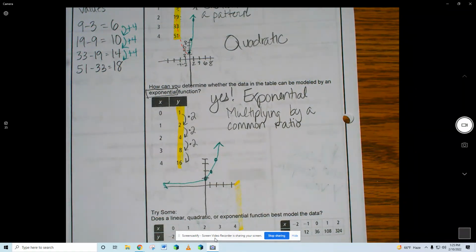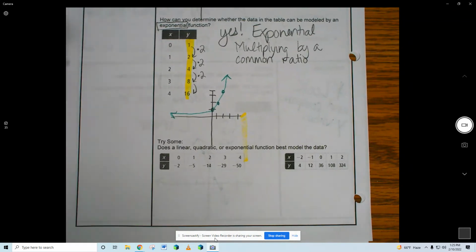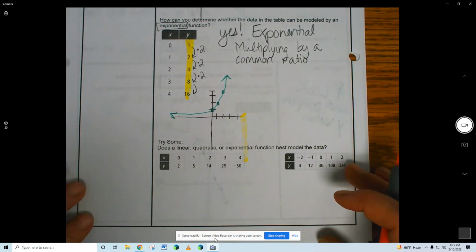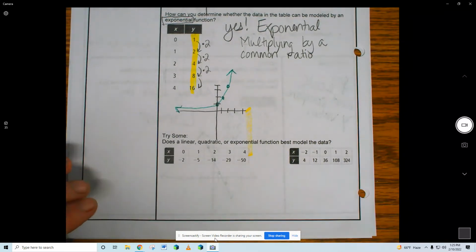Okay. Try some. All right, I only care about the y values.